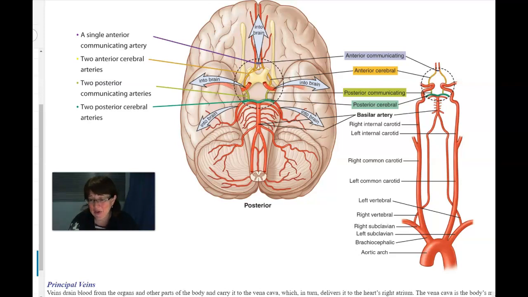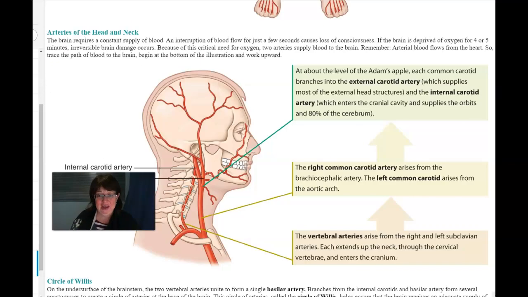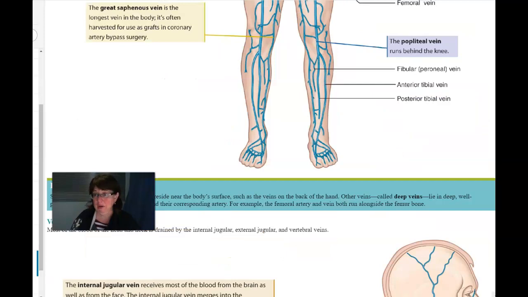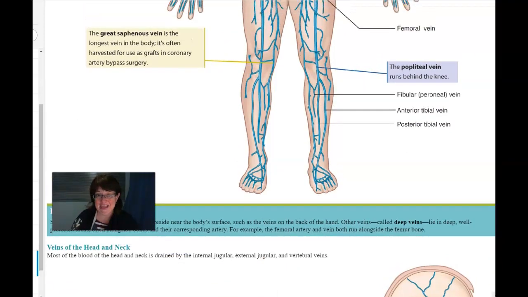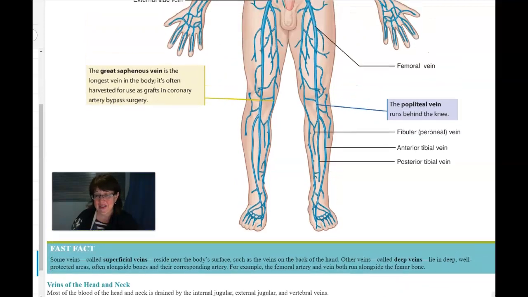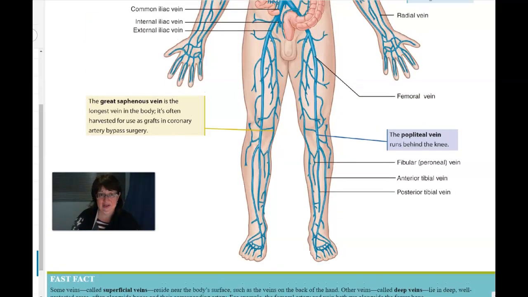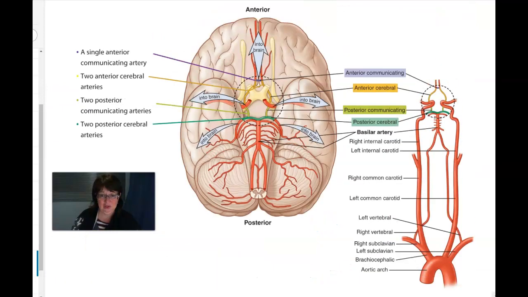And anastomosis is the ability to have the important areas fed with more than one blood vessel. So let me find the word anastomosis because I want you to see the term so you're aware of what the term is.